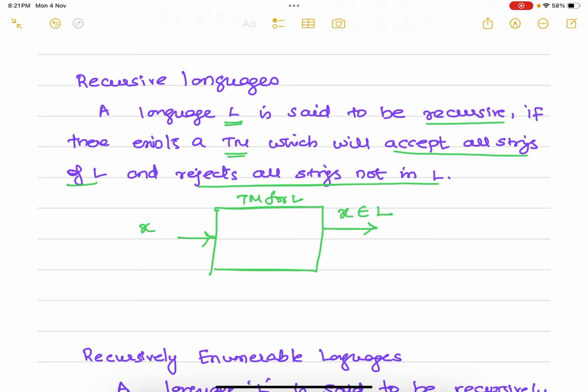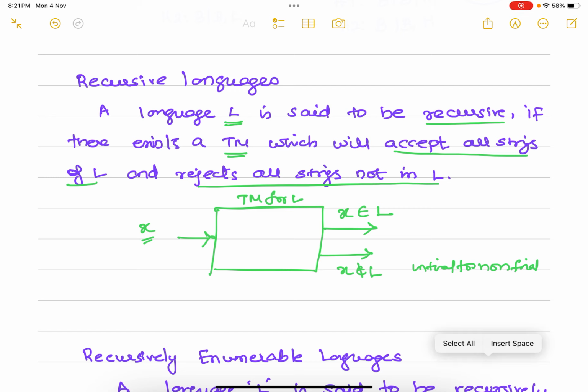So X will have a path from the initial state to the final state, and it will halt and say that it belongs to this language. And if X does not belong to that language, then it will have a path from the initial state to any non-final state, and it will say that it does not belong to the language.